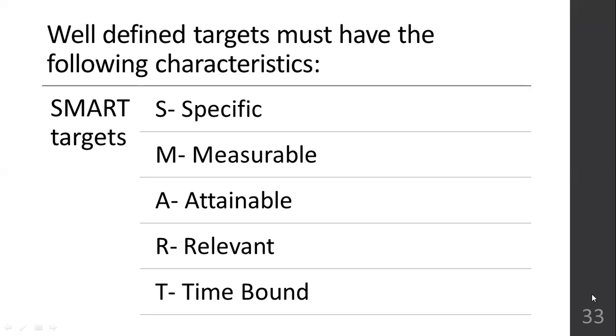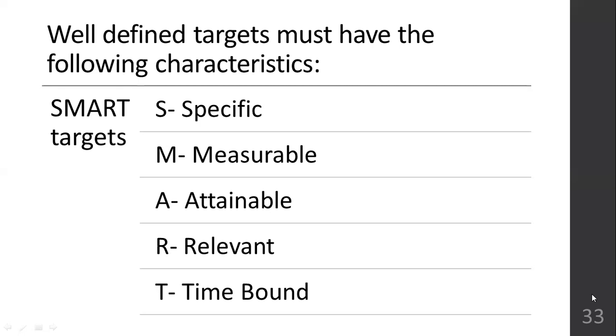For example, if I say I will do extra classes by next year, I am not being specific about which subjects I will be taking extra classes in. I'm not specifying which month of next year. Is it the start, mid, end?